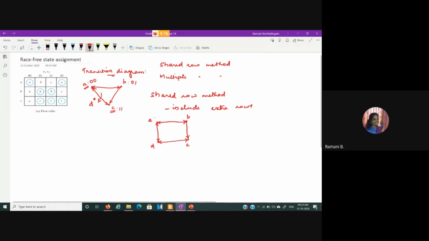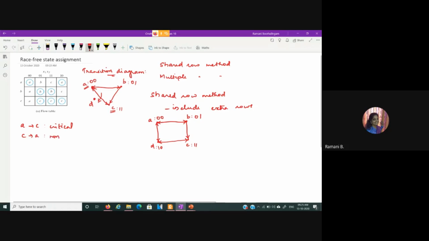So now if I have this as 0 0, 0 1, 1 1 and 1 0, by having it like this, I am avoiding the race condition. Here, the transition from A to C alone is critical, because if there is a change, you may end up with the final state as B or you can go to state C. So this is actually a critical race, whereas the C to A transition is non-critical.